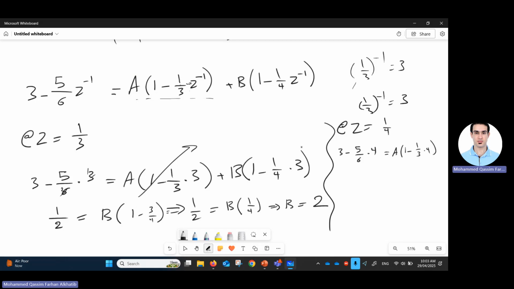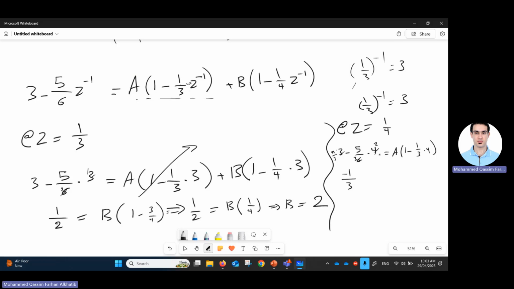Because that's the purpose of putting 1 over 4. So here I have 3 minus 10 over 3. And I have this one: 3 is what? 9 over 3. 9 over 3 minus 10 over 3, that's going to be negative 1 over 3.